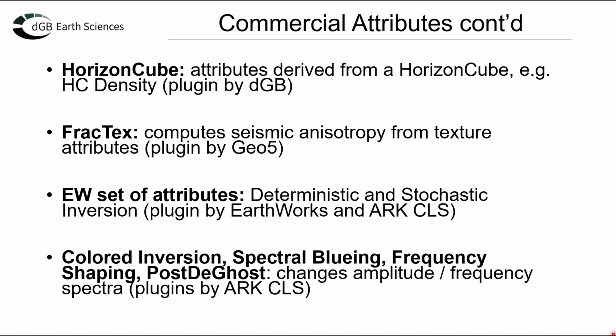If you have the deterministic and stochastic inversion plugins from Earthworks and ArcGIS, then you will find this entire implementation under the attribute engine, under the EW set of attributes. Also colored inversion, spectral bluing, frequency shaping, and post-decode, which are all plugins by ArcGIS that change the amplitude frequency spectra, can be found in the attribute engine.